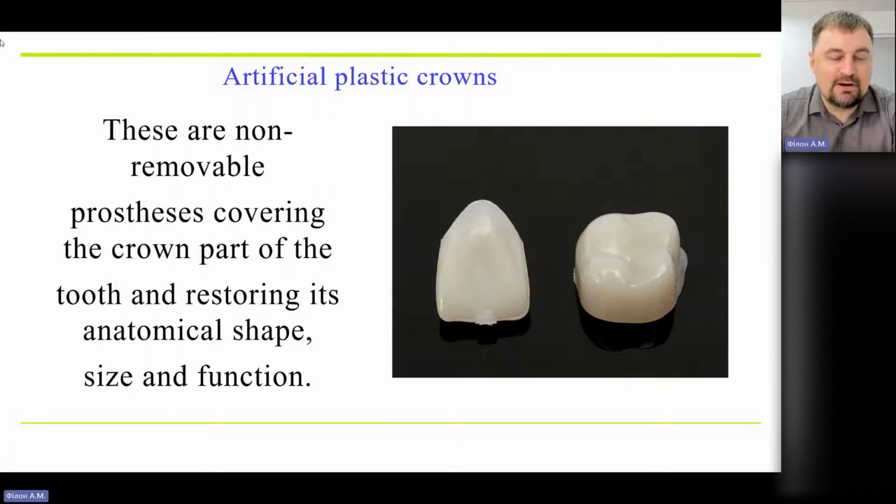So this is a very popular kind of crown, and you have to remember that crowns can change colors because of food. These plastic crowns can be broken because of biting something, and it's not a very strong kind of crown. That's why it's better to use it just as a temporary one.